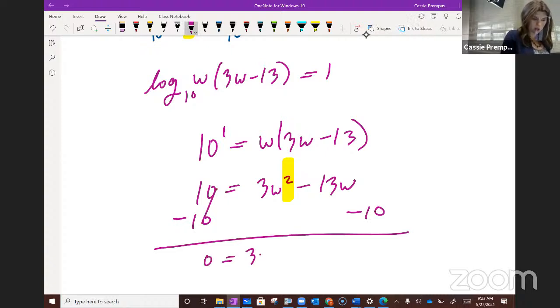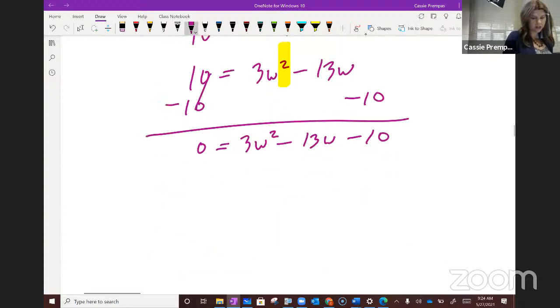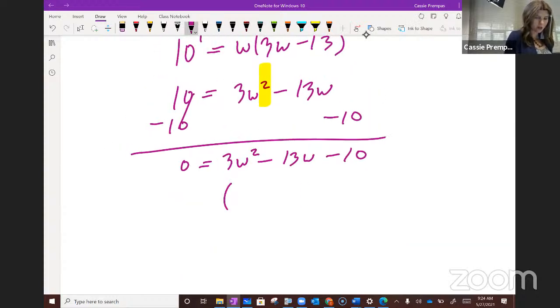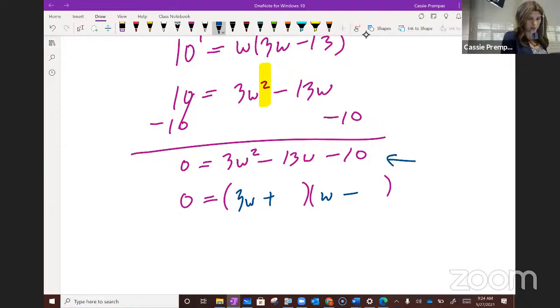So I have 0 equals 3w squared minus 13w minus 10. There is no GCF, so I would try to factor this. The last term is negative, so that tells me I'm going to have different signs. 3w times w would give me 3w squared. 10 consists of factors of 5 and 2, or 10 and 1.